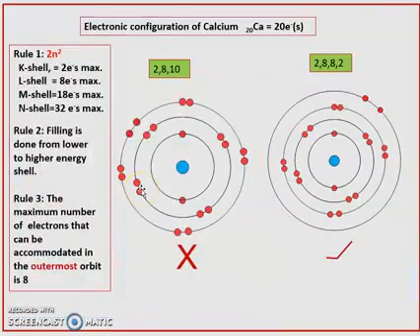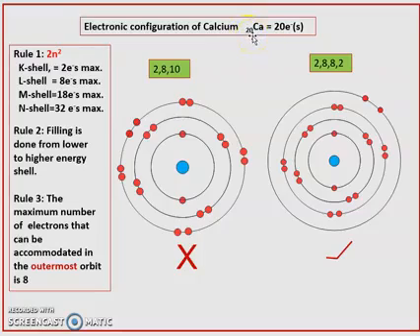Then coming to electronic configuration of calcium. Calcium and potassium, amongst the first 20 elements, the electronic configuration is a little bit confusing for beginners. So look at this. Listen very carefully. Remember, calcium has 20 electrons, we know, because the atomic number is 20.